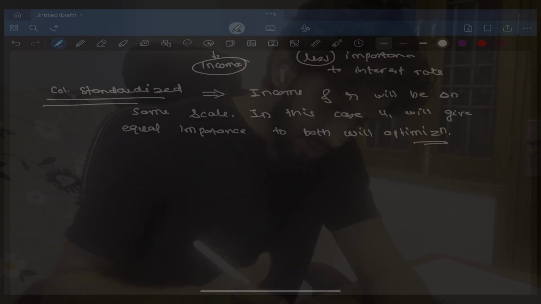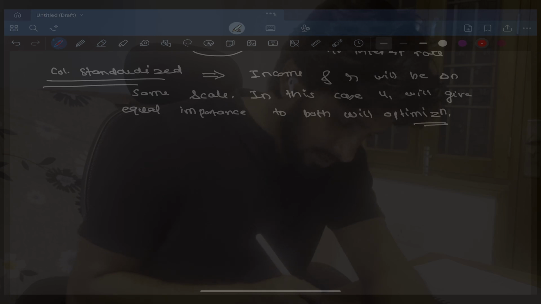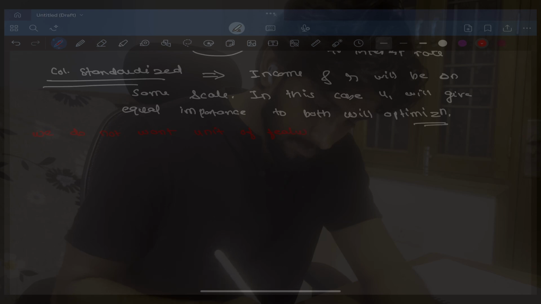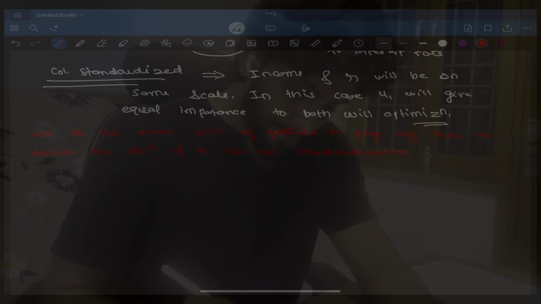In very simple terms, we do not want the unit of a feature to play any role in deciding the direction of u1. That's why we do the column standardization. Okay, thank you.